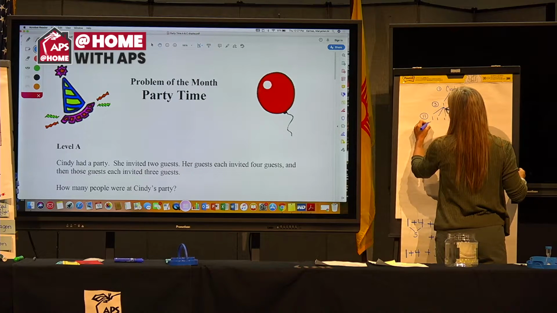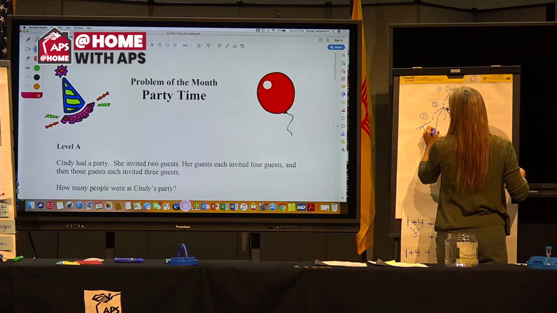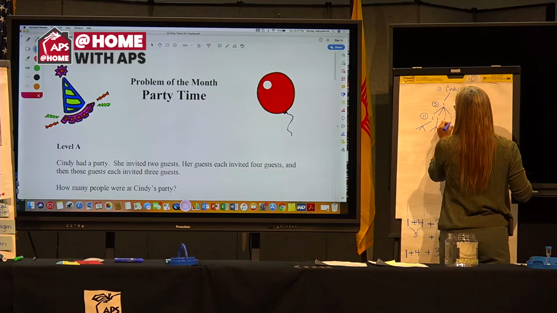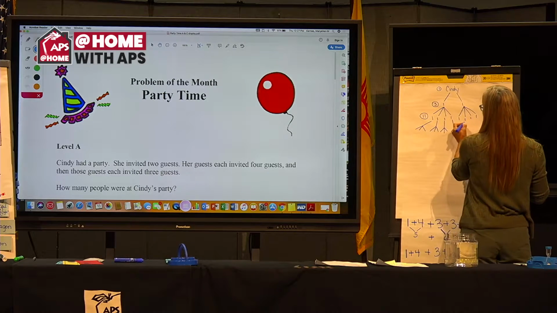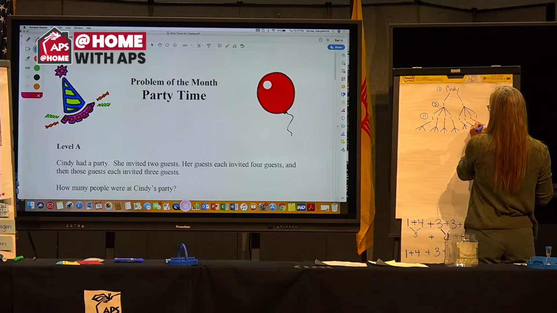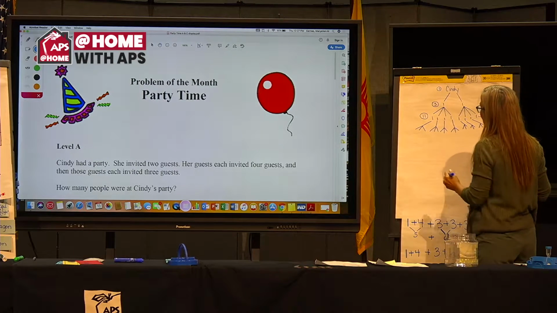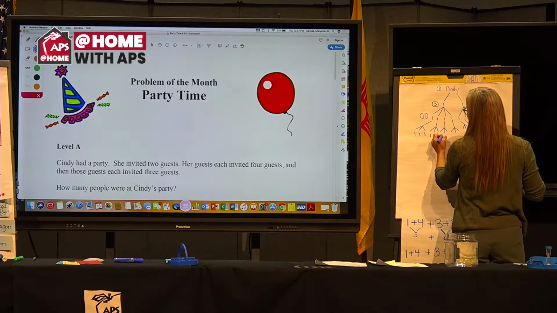Oh, my chart is going to get pretty crazy, isn't it? 1, 2, 3. 1, 2, 3. 1, 2, 3. We can see them all, though, if we do this, right? And then we really could count by ones. So a person here, 3 more on each of these.